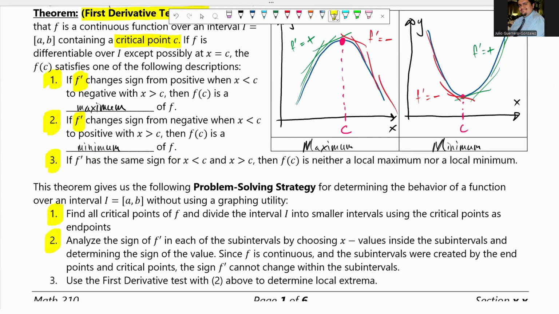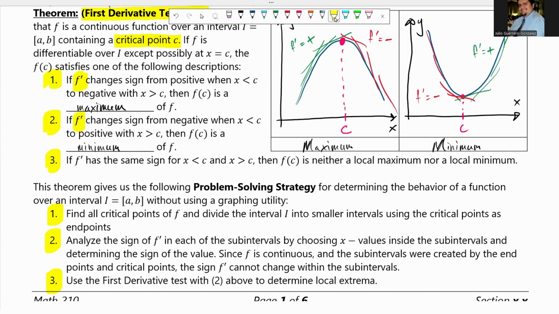So the 3 steps for the problem-solving strategy are as follows. Step 1, find all critical points, and divide our interval into smaller intervals that use the critical values as endpoints. Part 2, we analyze the sign of f prime.